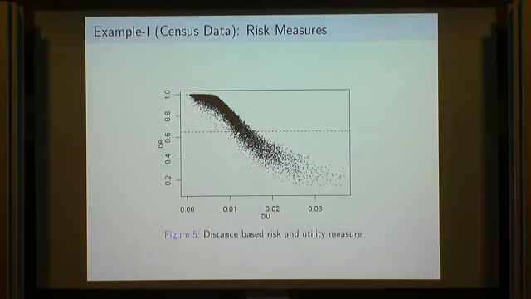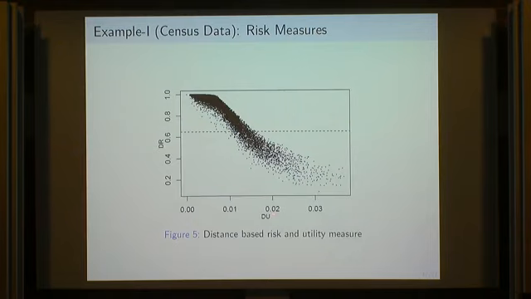Now let's see what happens here. So this is the distance-based risk measure and utility measure when we use the census data. So we generate 10,000 versions of X star based on Slutsky's theorem. So the disclosure risk measure, this is coming from here to here, and the utility measure, the IL1 actually, that I used earlier, but this is the utility measure, just change the line.